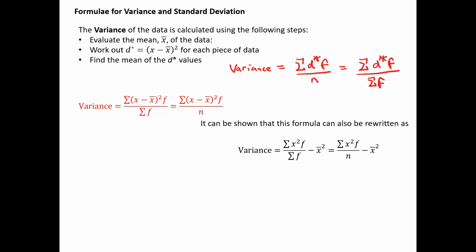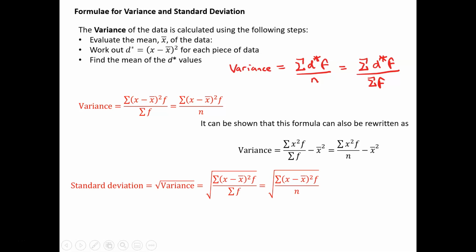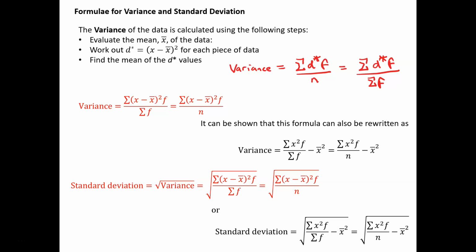It can be shown that this formula can also be rewritten as the sum of the x squared f's divided by the sum of the f's minus x bar squared, or the sum of the x squared f's divided by n minus x bar squared. And we can now write down the subsequent formulae for the standard deviation, since the standard deviation is simply the square root of the variance, and we have these different formulations for the standard deviation.